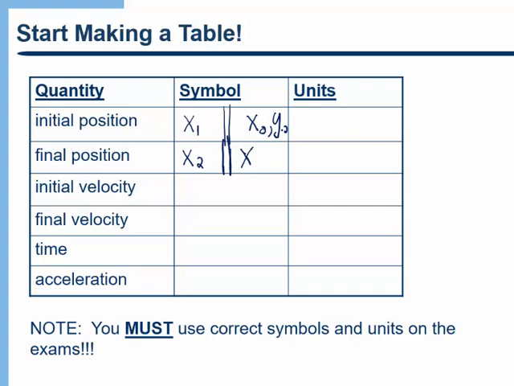So y naught would be the initial vertical position, and y would be the final vertical position. Initial velocity. Again, we used v1 very early in the course, but now v naught is our initial velocity, v is our final velocity. Time is now just t for us. Acceleration is a. Okay? And then again, make sure you know the correct units.